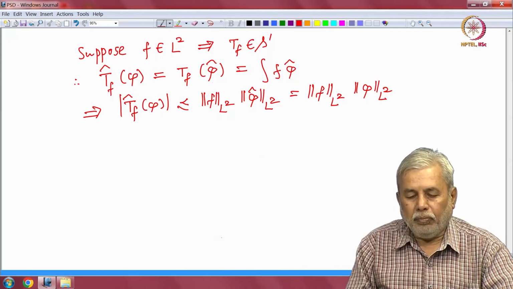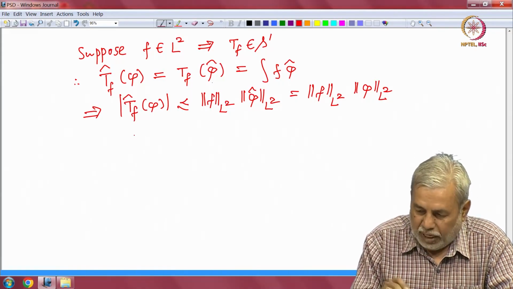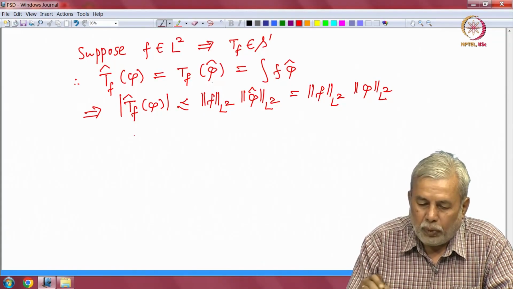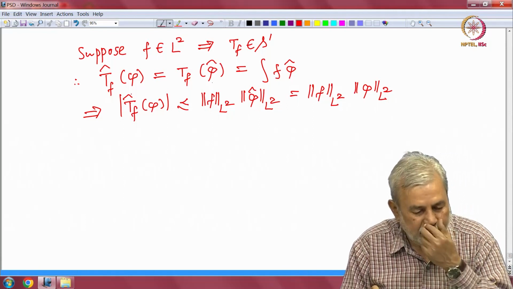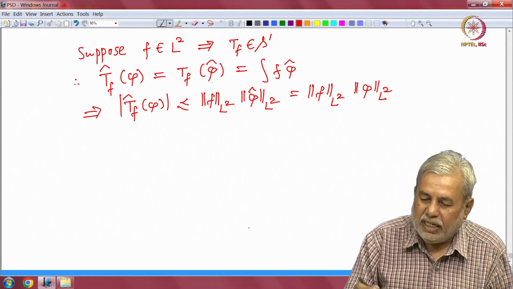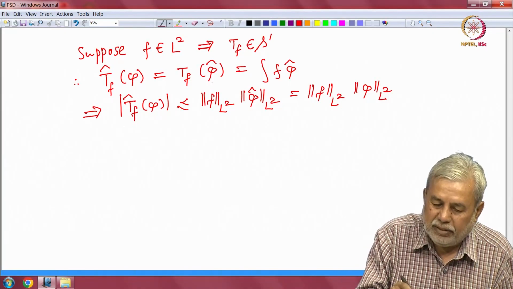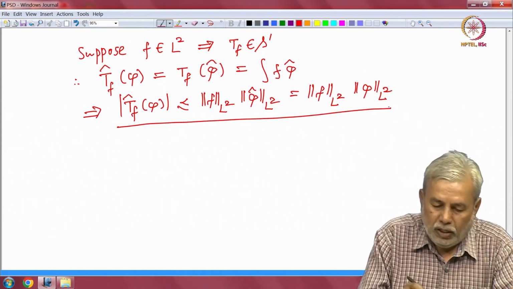Okay. So, T_f hat is a linear mapping from S into C, a linear functional, which satisfies this estimate. Okay.